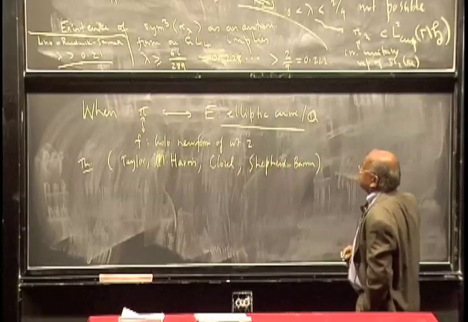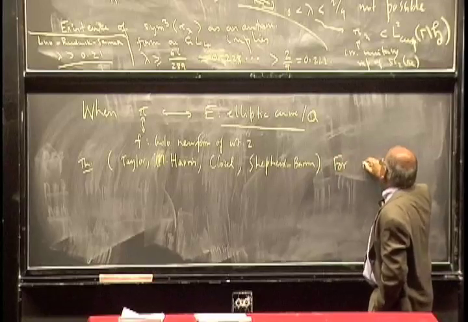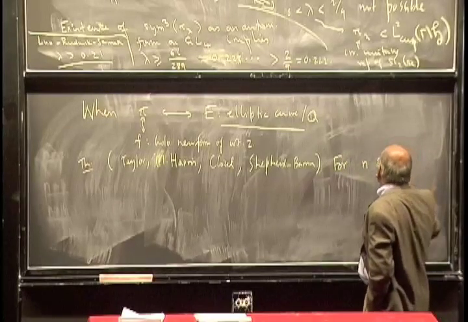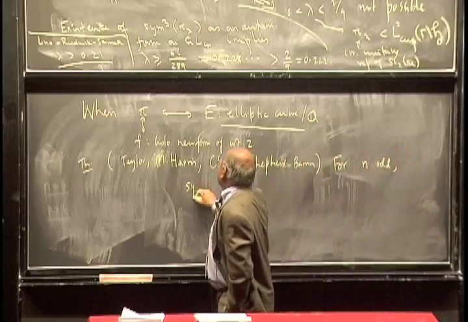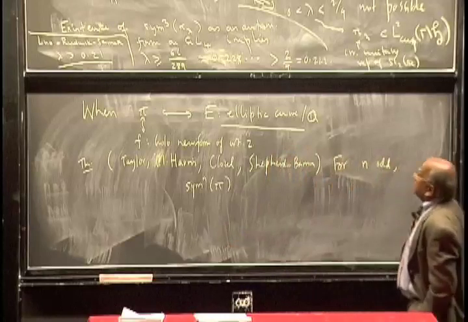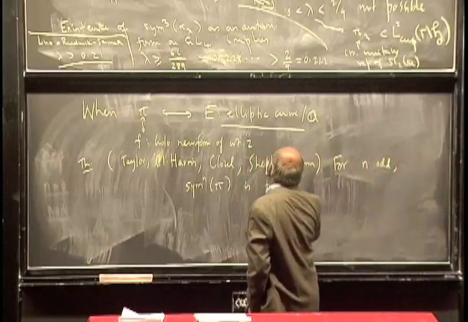That at least at the moment, for n odd, even dimensional, Sym^n pi, we know is not necessarily automorphic. This is potentially automorphic.